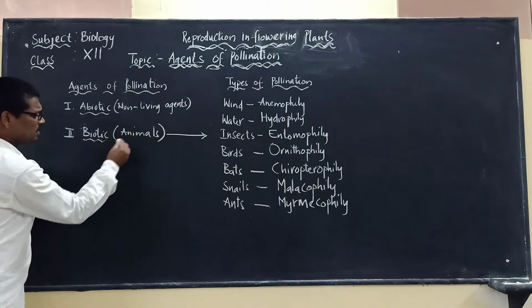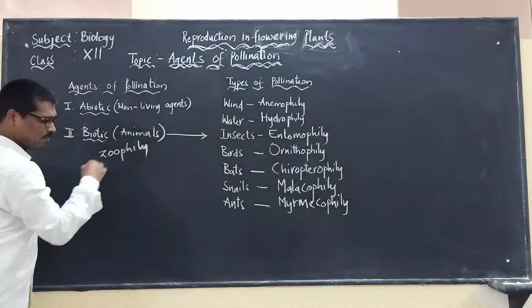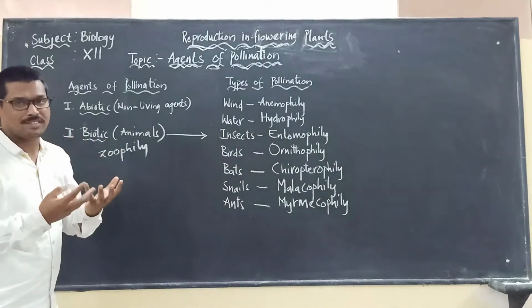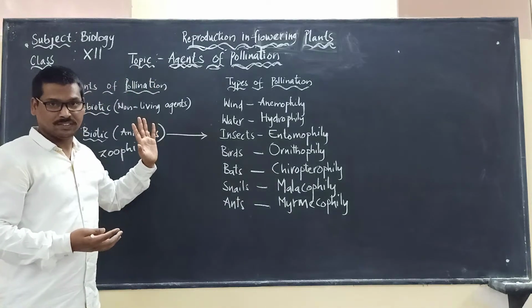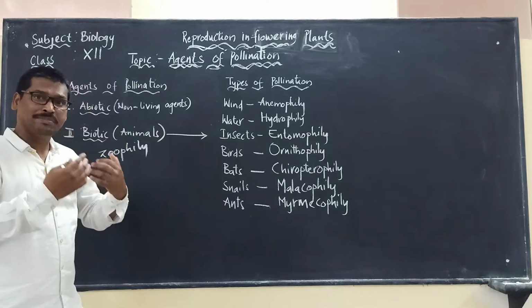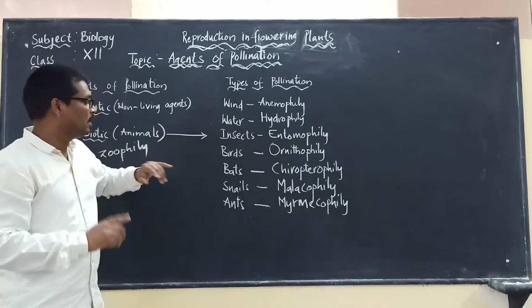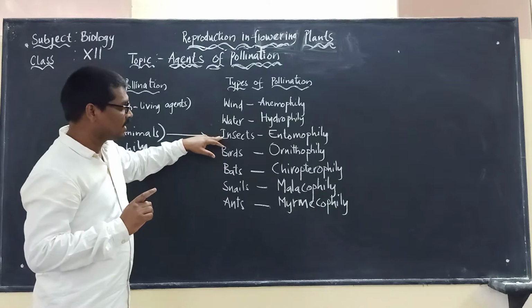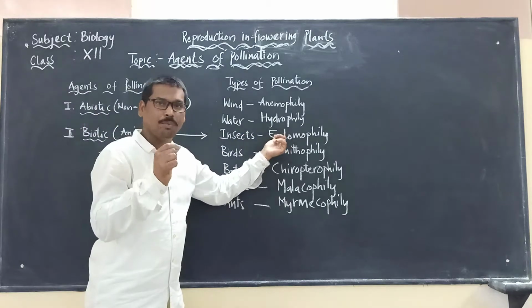Most of the time we also say zoophily. So biotic means living organisms acting as agents to bring about pollination, like insects. If the pollination is taking place by insects, we call it entomophily.